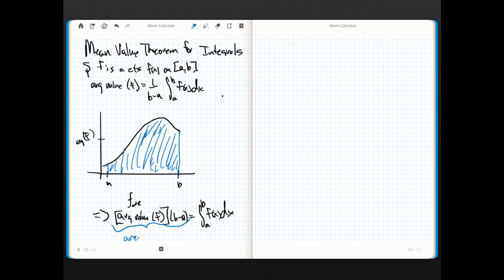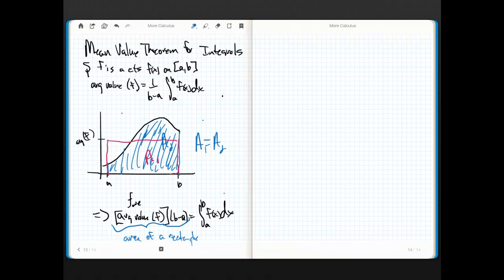This is the area of a rectangle, which implies, if you think about it long and hard, that if I build the rectangle that is average value of f high and b minus a wide, then this area and this area are equal. A1 equals A2.